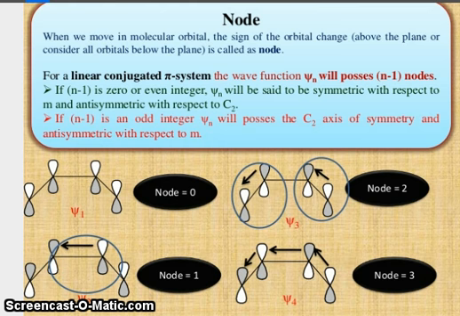If n-1 is an odd integer, psi n will possess the C2 axis of symmetry and be antisymmetric with respect to m. So psi 1 has node 0, psi 2 node 1, psi 3 node 2, and psi 4 node 3.